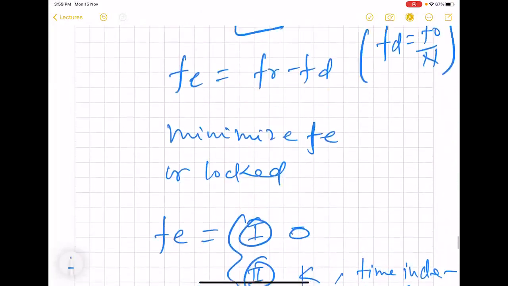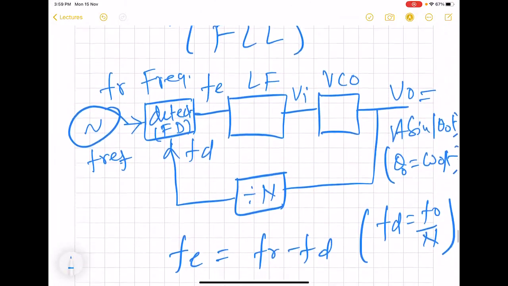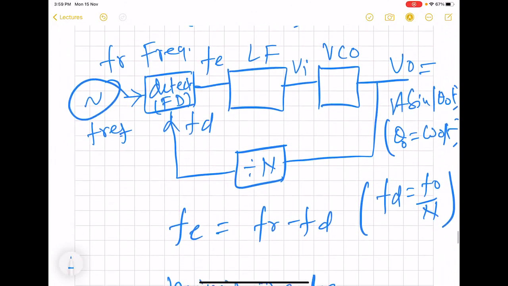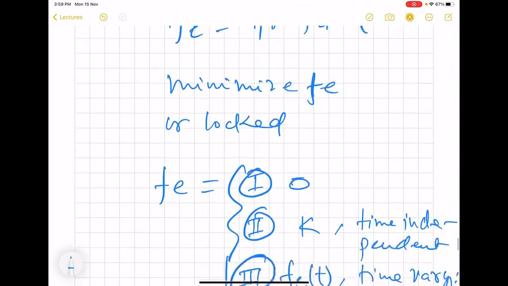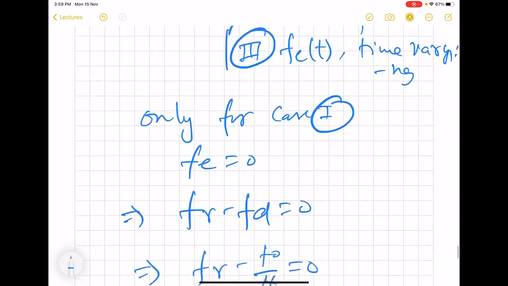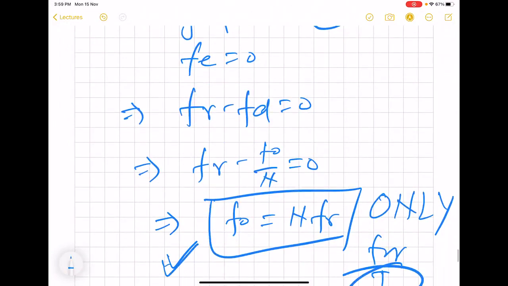So here we see that if we try to set up a frequency lock loop, then it is more likely to fail in ensuring the frequency equality which we wanted, this relation.